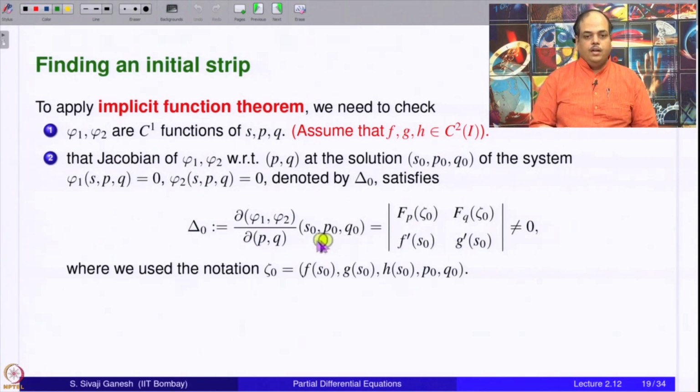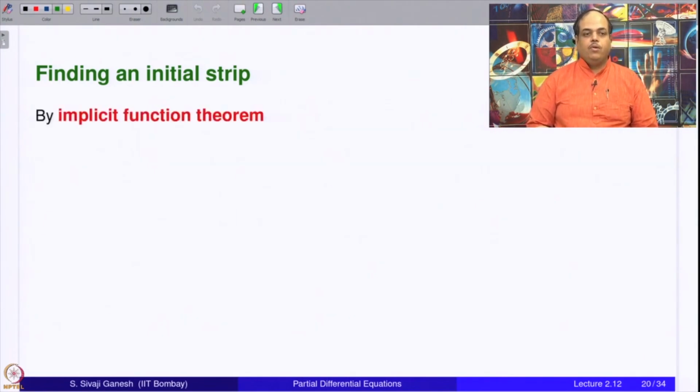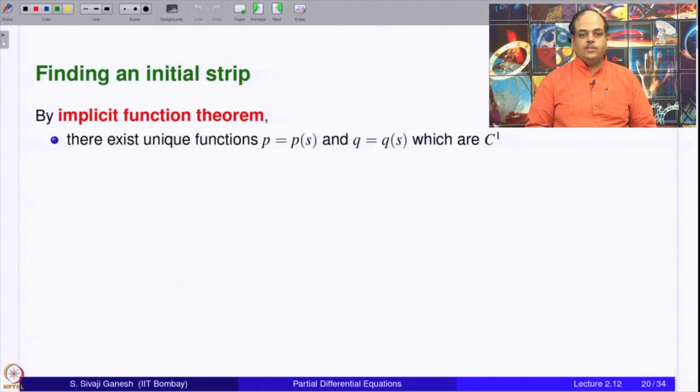Now, at the point (s naught, p naught, q naught), you can compute from the expressions of phi 1 and phi 2, it will turn out to be f p at zeta naught, f q at zeta naught, f prime s naught, g prime s naught. Zeta naught is this 5-tuple, (f s naught, g s naught, h s naught, p naught, q naught). This is non-zero. We have to assume that. Assume the above condition on the Jacobian. Okay, done. Now, we can apply the implicit function theorem.